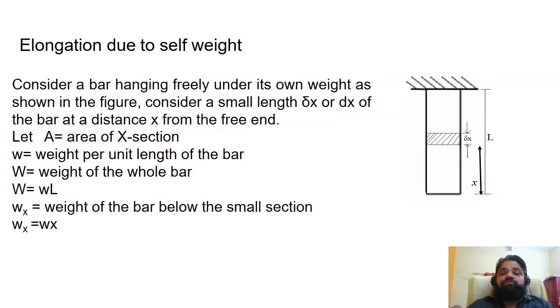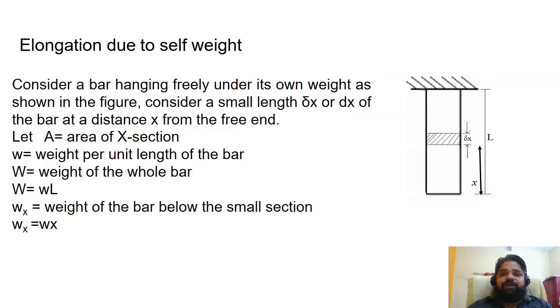We know from the stress strain relation that sigma is equal to E epsilon, or strain epsilon is equal to sigma by E, and epsilon is equal to the change in dimension divided by the original dimension, whether it is length, diameter or width, whatever dimension I am going to take.